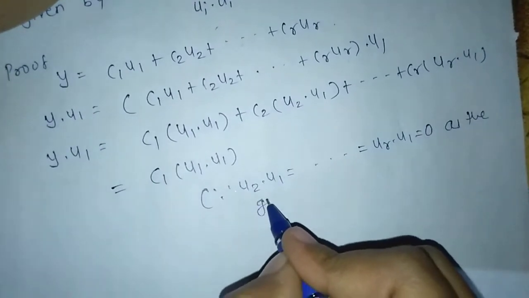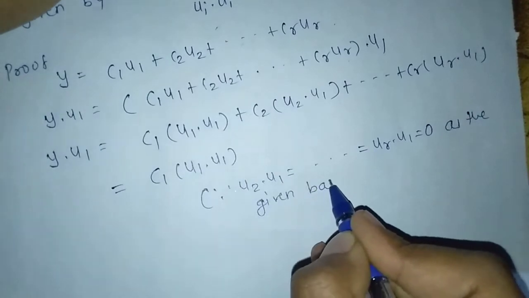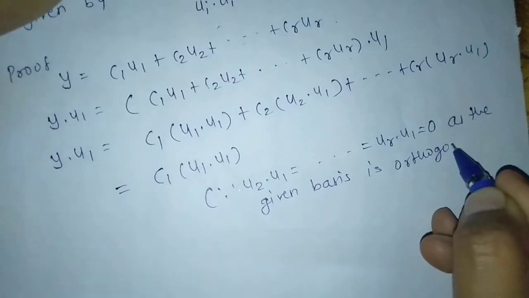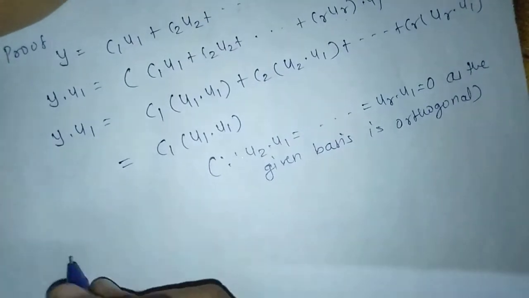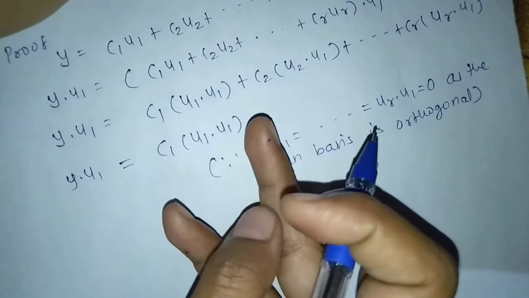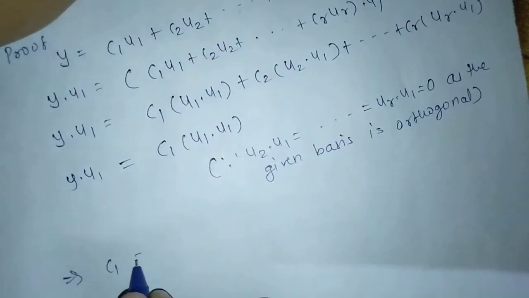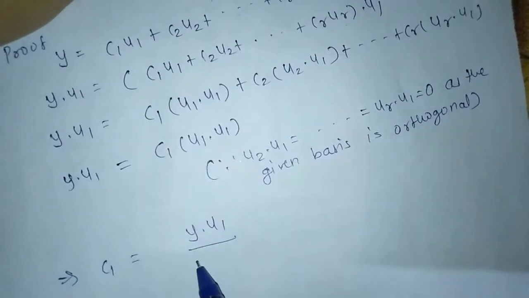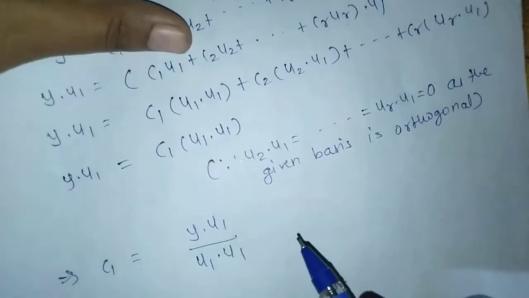Because U2 dot U1 and so on UR dot U1 are equal to 0, as the given basis is orthogonal, y dot U1 is equal to C1 into U1 dot U1, which implies C1 is equal to y dot U1 upon U1 dot U1.